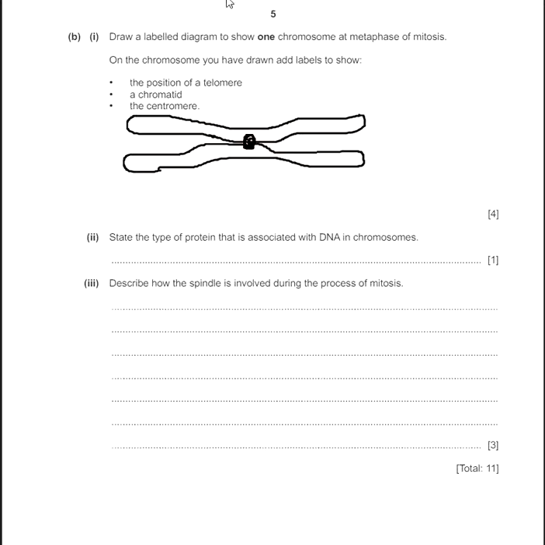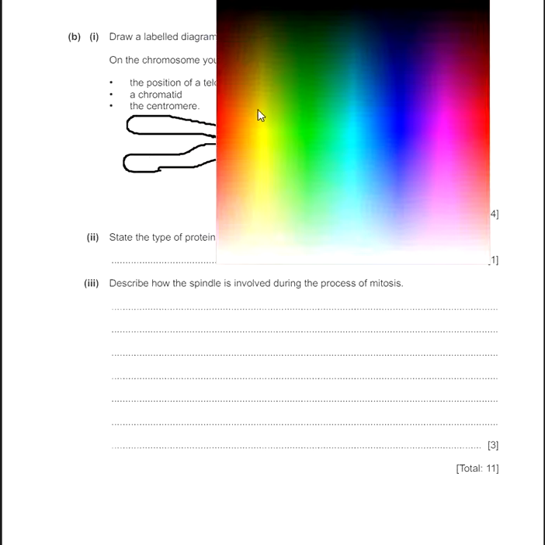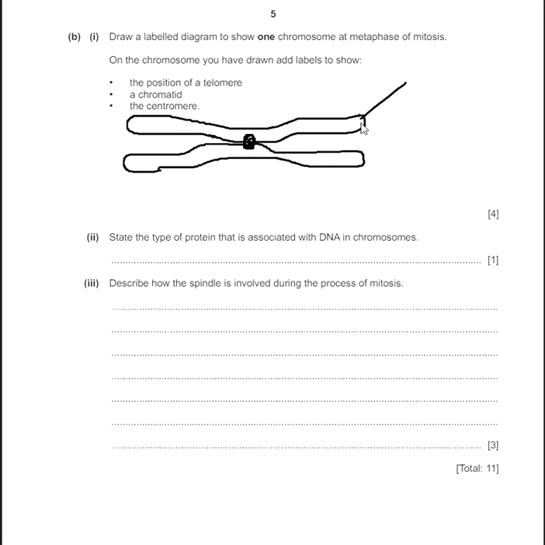So where is the telomere? The telomere is at the end of the chromatids. This end bit here, this is a telomere.